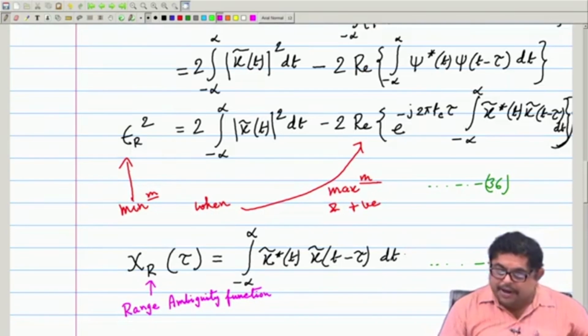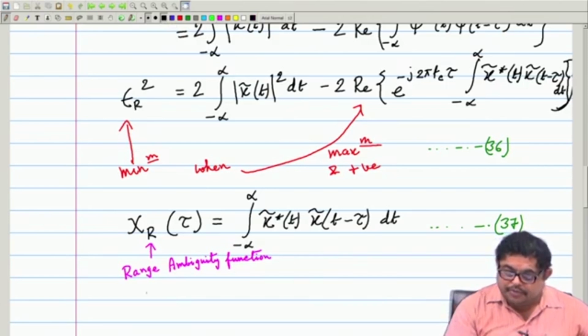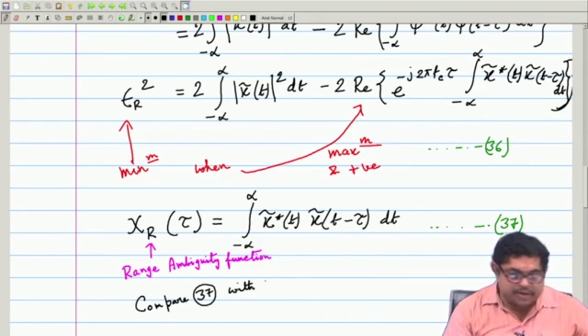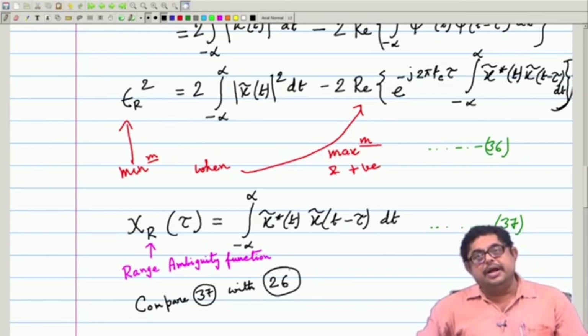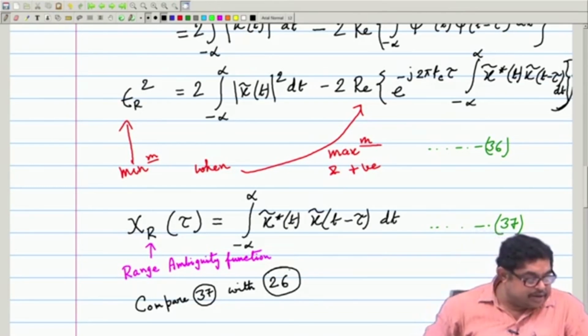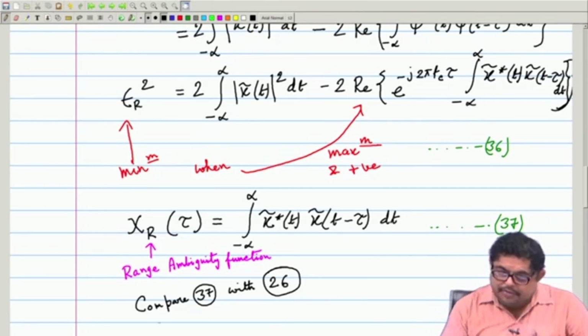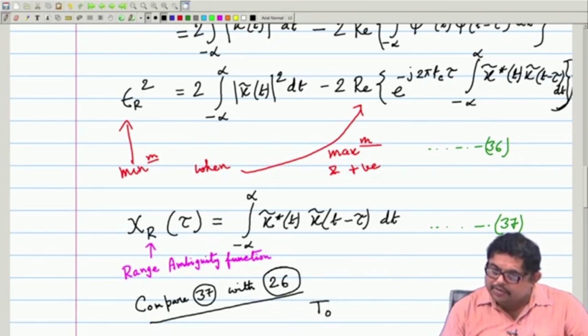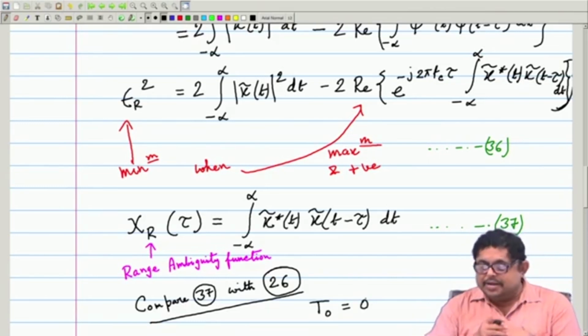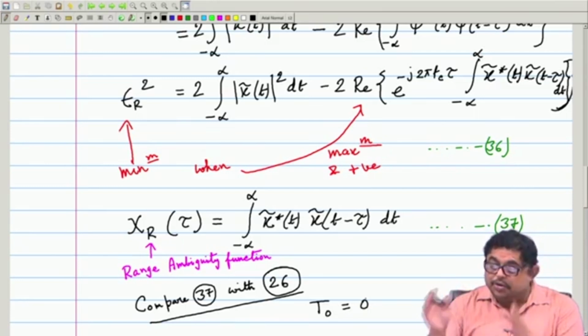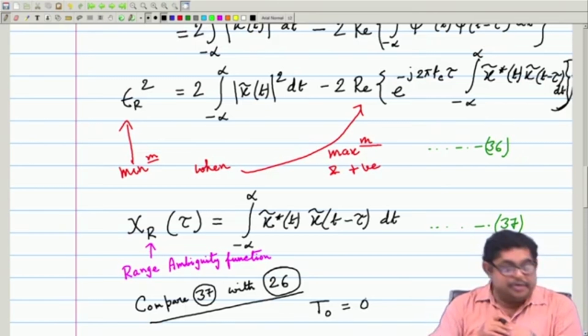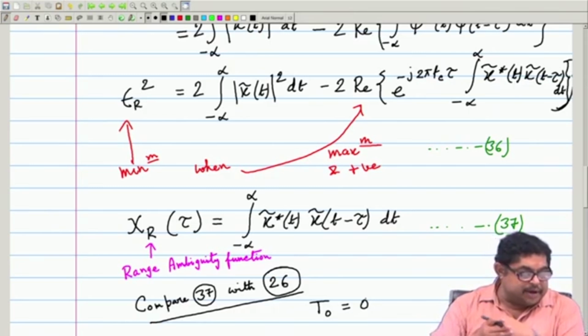Now, please compare equation 37 with our output of the matched filter for a stationary target, which we have seen in equation 26. 26 was the matched filter output for a stationary target, and you can see that if I put in equation 26 T 0, which was the total delay, to 0, then the output of the matched filter for a stationary target at 0 range is similar to the range ambiguity function.